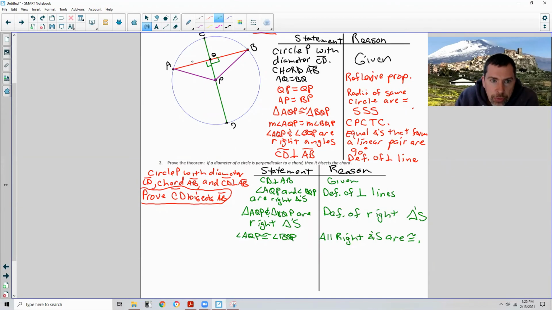We're trying to prove AQ is congruent to BQ because CD bisects it. So keep that in mind. Now I want this side congruent to itself. So QP is congruent to QP. That's the reflexive property.